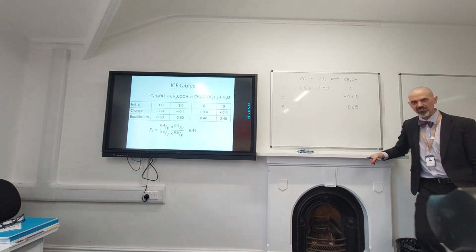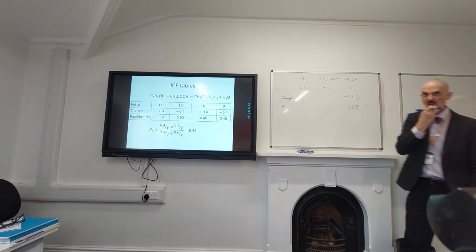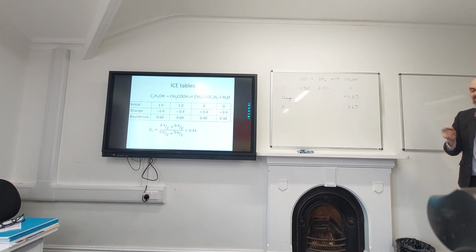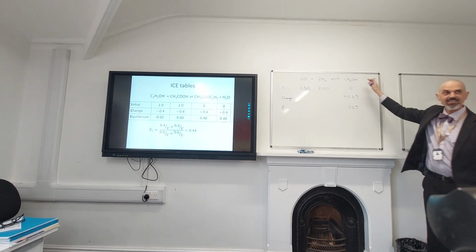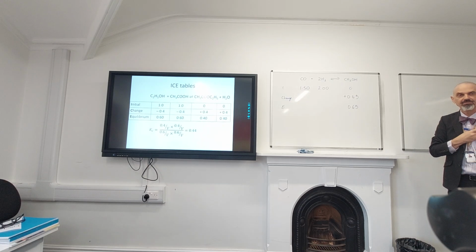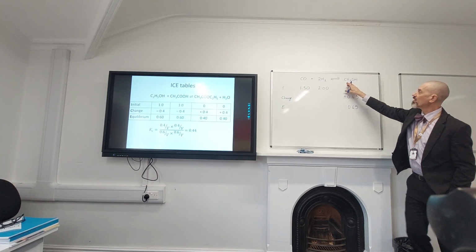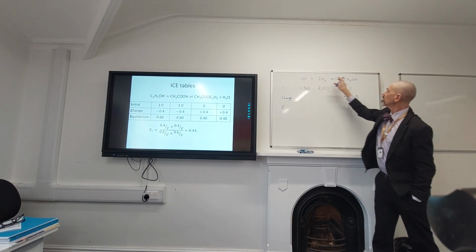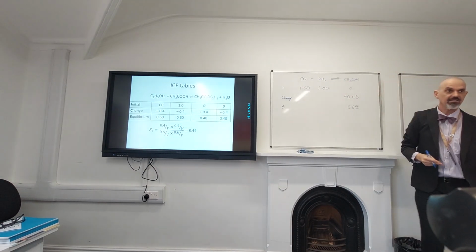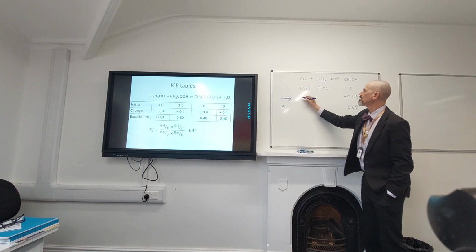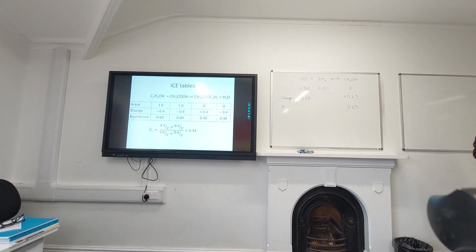So our all-important change line, this middle one, remember, has to be in the same ratio as the balancing numbers in the equation. So if that's gone up by 0.65, methanol to CO, well, they're in a 1-to-1 ratio, so that must have gone down by 0.65. But what about the hydrogen?